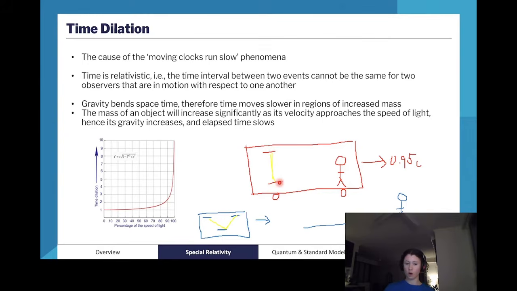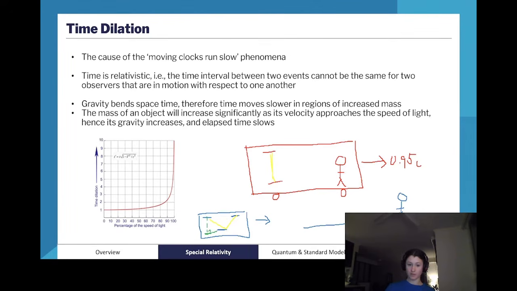For the person on the train, the light is moving back and forth this distance here. For the person on the platform, the light is traveling farther, right? Because instead of just going back and forth here, it's actually, and I guess you can prove this mathematically, but I won't go through it now. See, we actually have, this is where the mirror would be that the person on the train is observing.